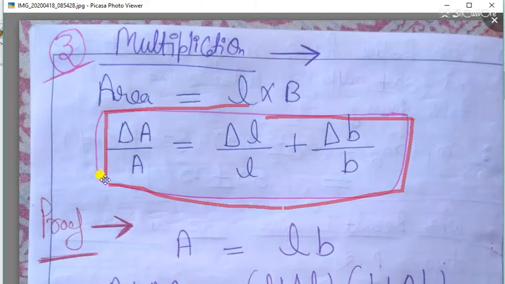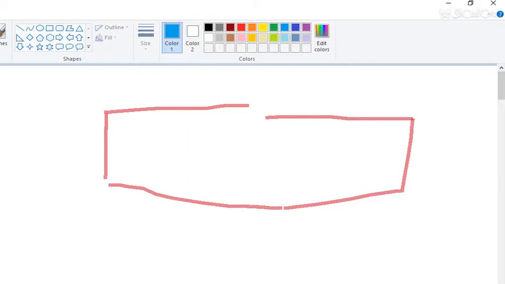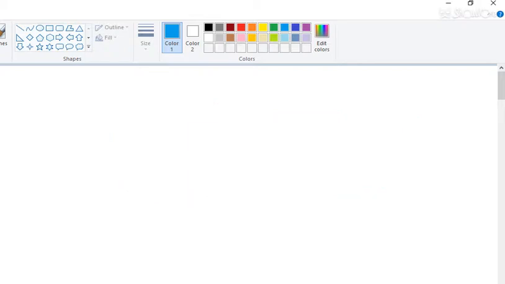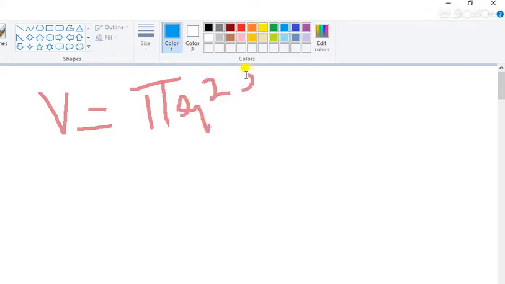So if I talk about some expressions, I am going to paint again. So here I am discussing some expressions. Let's suppose volume is equal to pi r square h. Here all terms are in multiplication, so I will write delta v.